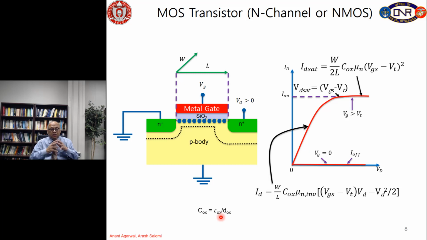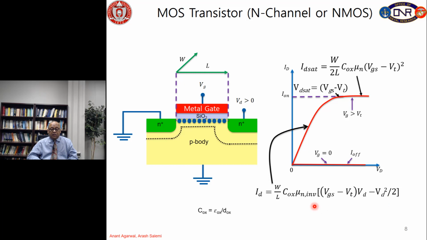Epsilon ox is the dielectric constant of SiO2 times the permittivity of free space, times the inversion layer mobility times Vgs minus Vt. That means how much gate voltage is in excess of the threshold voltage Vt, times Vd, and then there is a small term here represented by Vd square over 2.